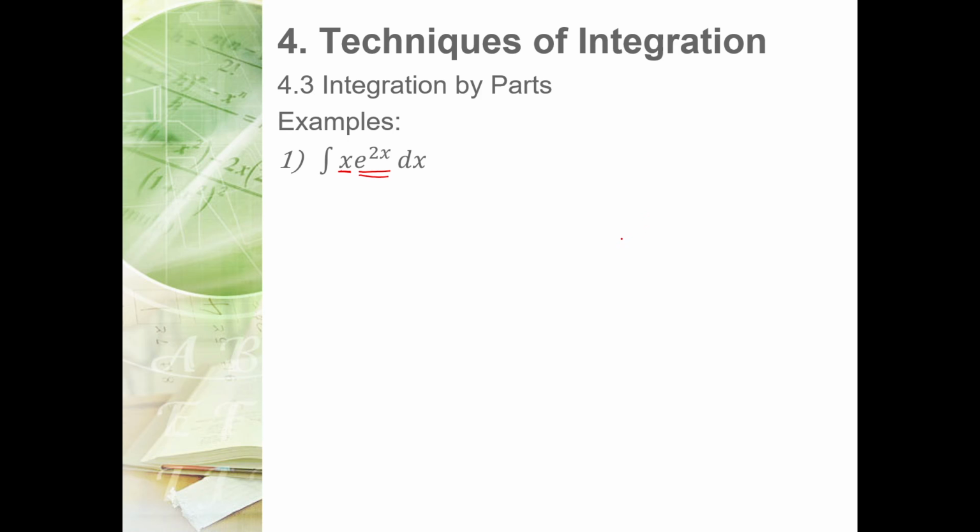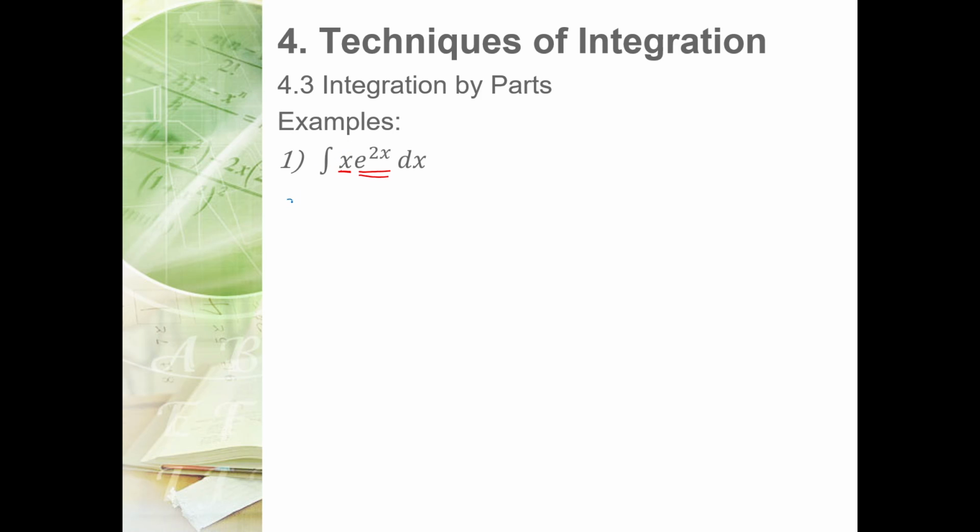As the tip in the previous slide states, always choose the dv as your complicated factor. The first step is to observe the equation, whether it's two different functions, logarithmic, or an inverse function. The next step is to write u and dv.